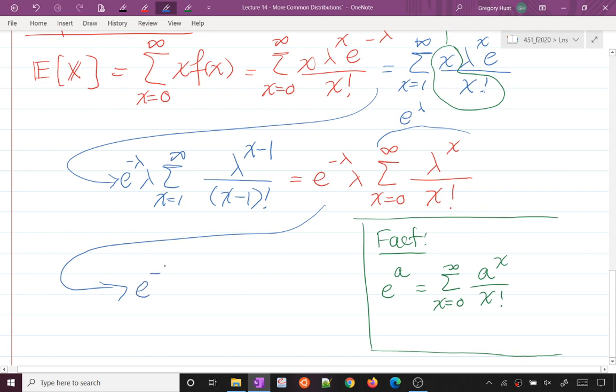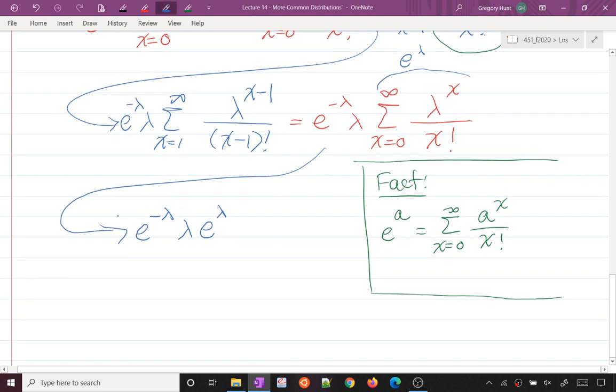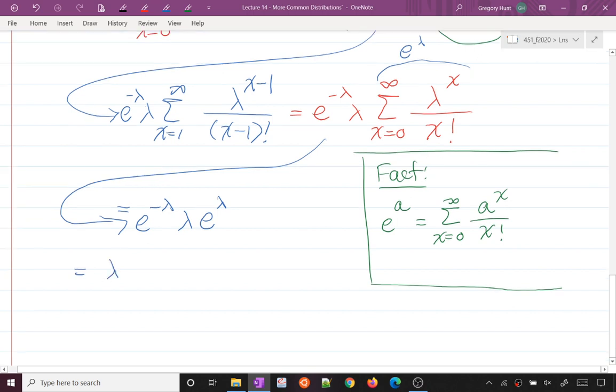What I'll be left with is e to the negative lambda, one copy of lambda, and then this sum, which is the power series, or the Taylor series, of e to the lambda. So this is just e to the lambda. Of course, e to the lambda and e to the negative lambda cancel, and I'm just left with lambda.